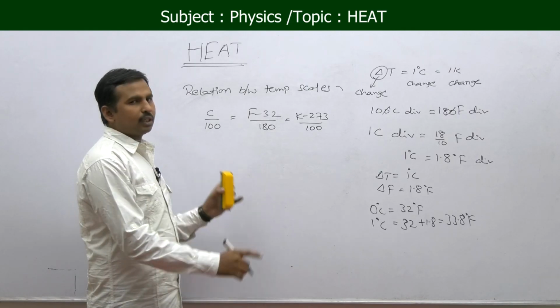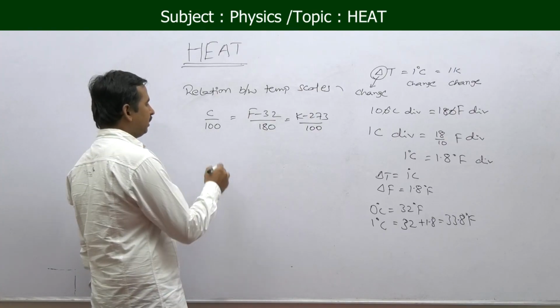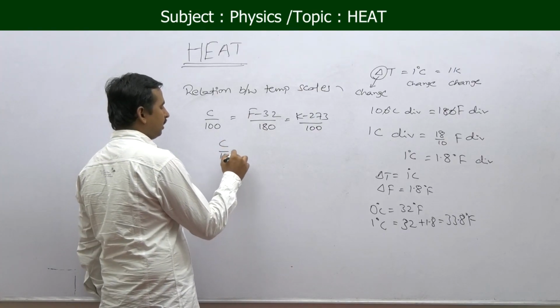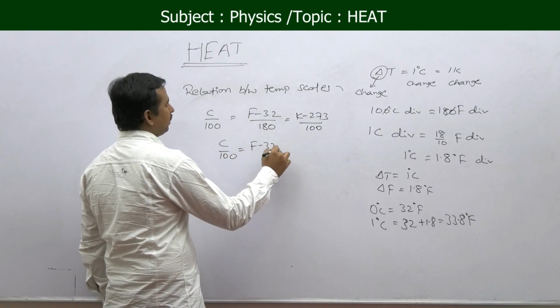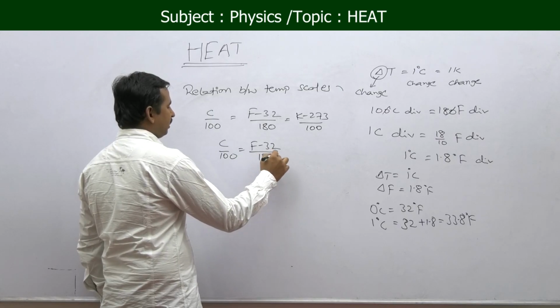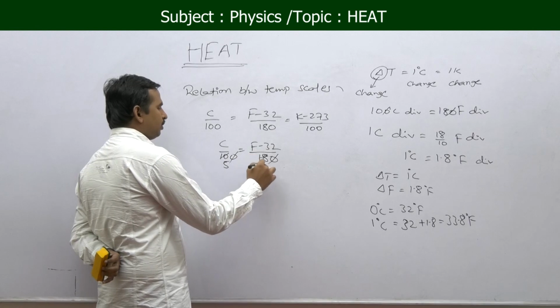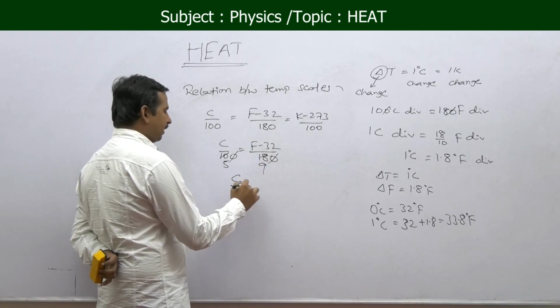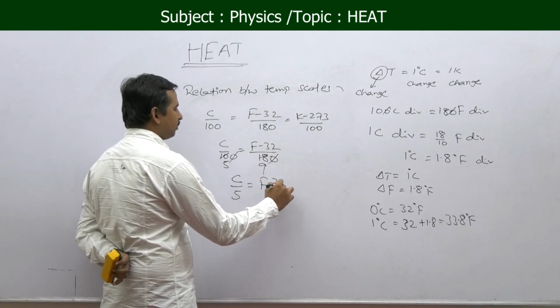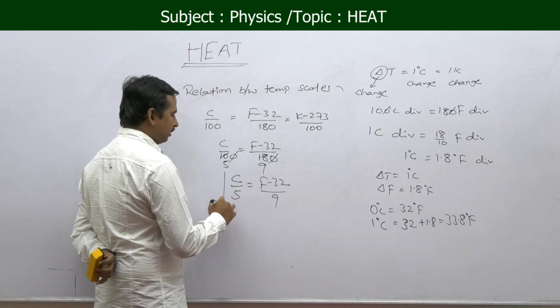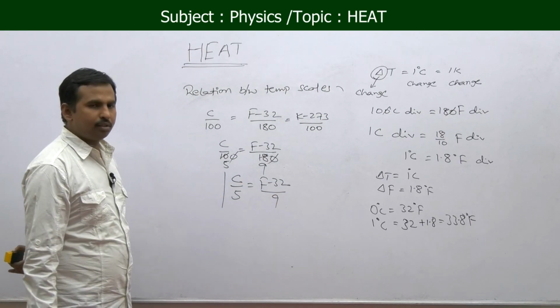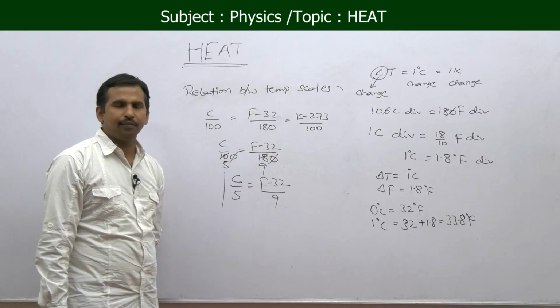If you take the case of Celsius and Fahrenheit, then C by 100 is equal to F minus 32 by 180. Finally, dividing by 20, we get C by 5 is equal to F minus 32 by 9. This is the relation for Celsius and Fahrenheit.